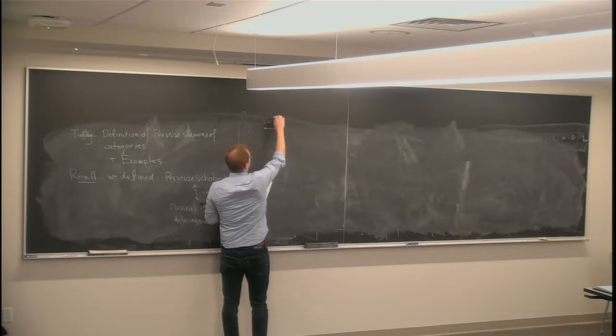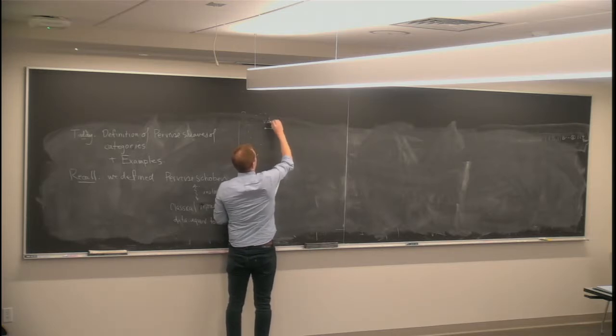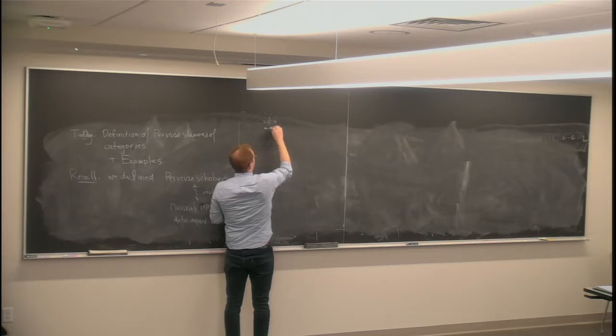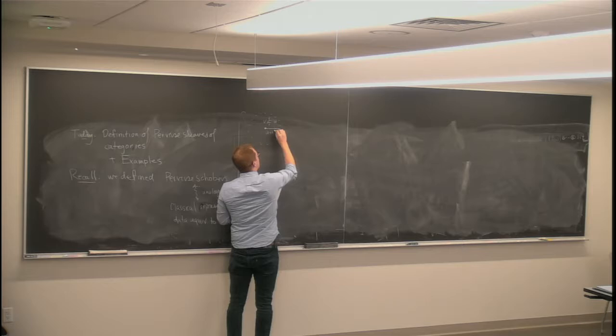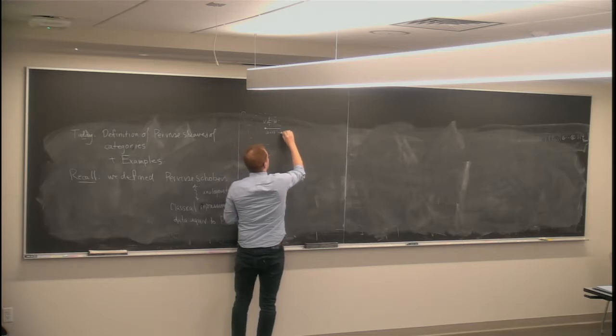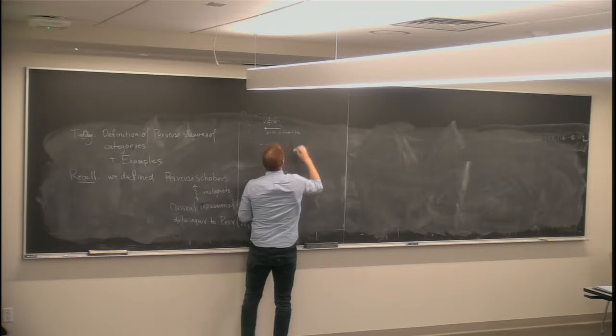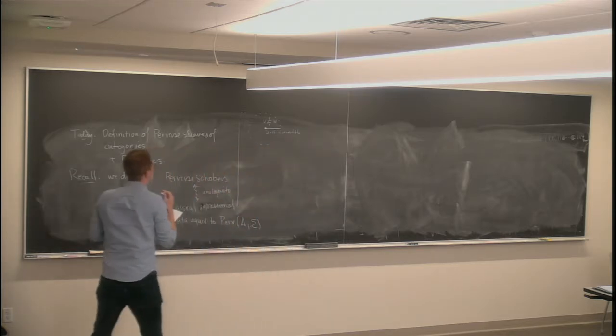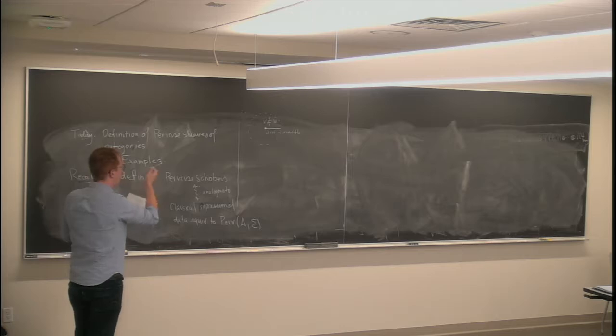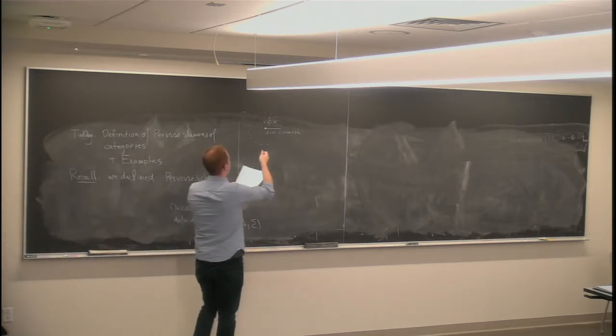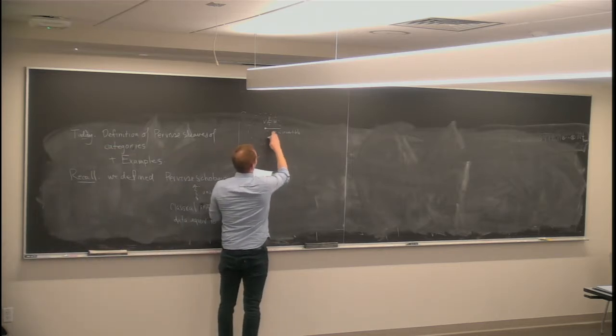I called these phi and psi last time, a pair of maps satisfying this condition, and that the identity plus RF is invertible. Okay, so that's the first characterization.